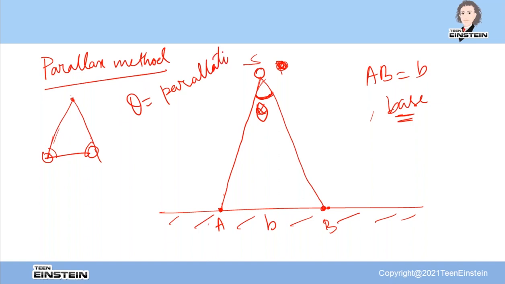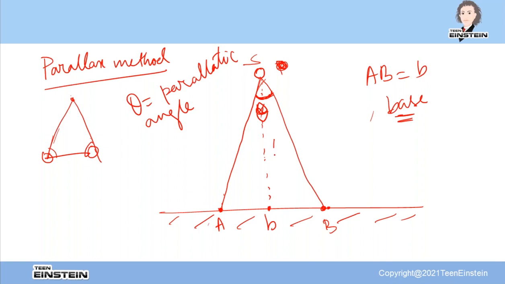Now look, this theta I know, and the AB distance I know. I actually have to get this distance D, from the earth's surface to the distance of the star or the planet. This is the perpendicular distance I need to find out.